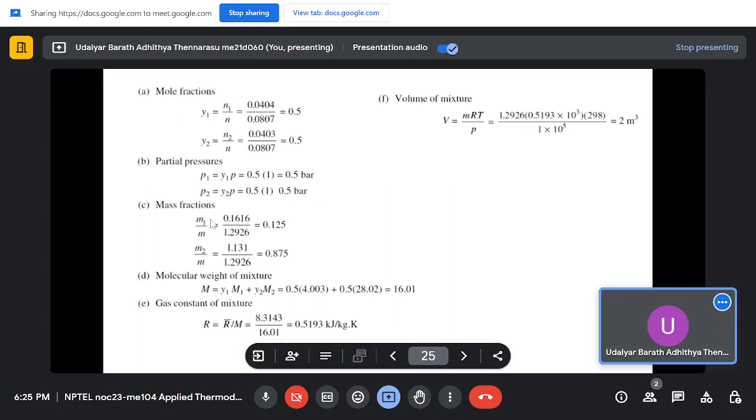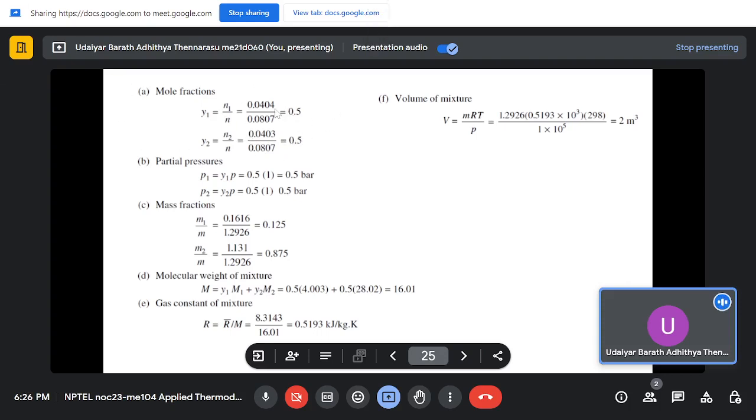So now we have found the total mass and moles, so we can find the mole fraction. The mole fraction of hydrogen is nothing but moles of hydrogen divided by the total number of moles. So that will come out to 0.5. Similarly for nitrogen, it is 1 minus hydrogen, and that will come out to be 0.5 again.